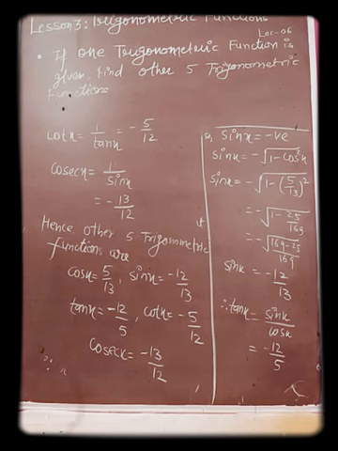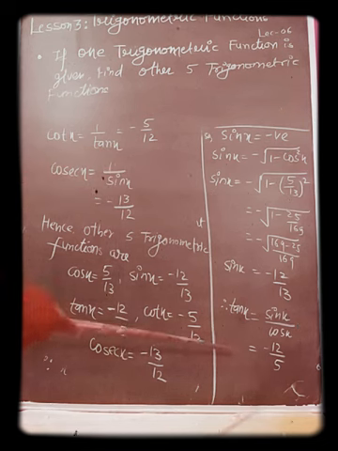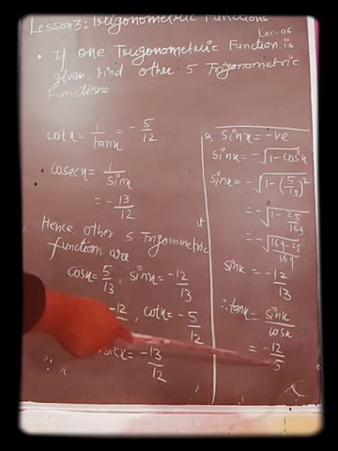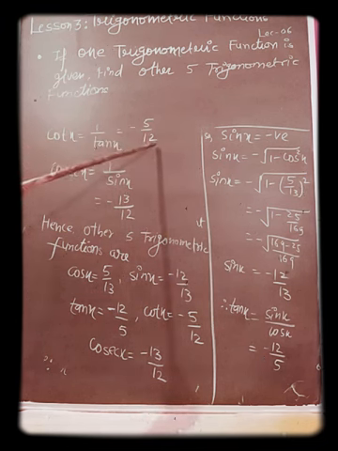Now, cot of x equal to 1 upon tan of x. Tan of x is equal to minus 12 by 5. So after reciprocal, we get minus 5 by 12.